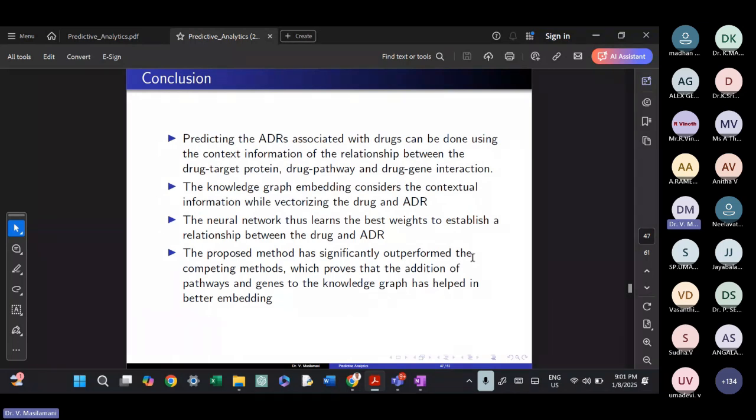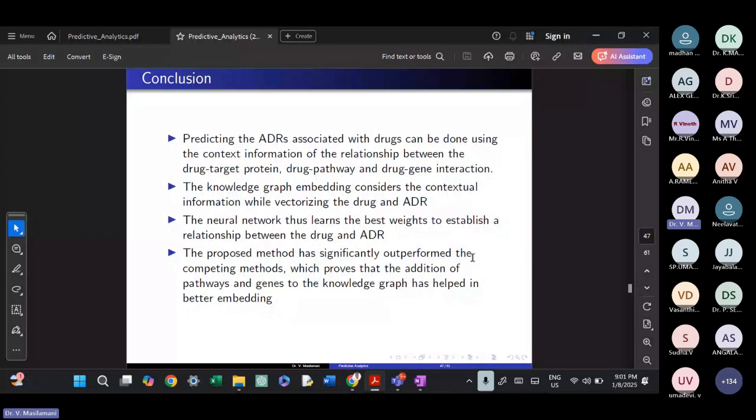The conclusion is that predicting the ADR associated with a drug is a very challenging problem. We need to consider the context information for predicting ADR more efficiently.